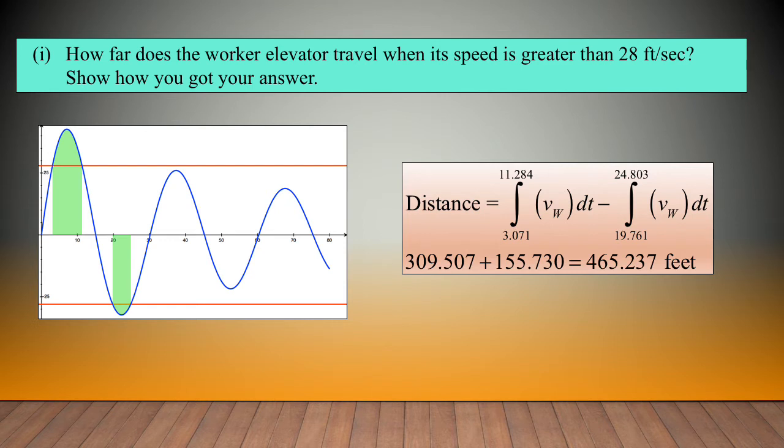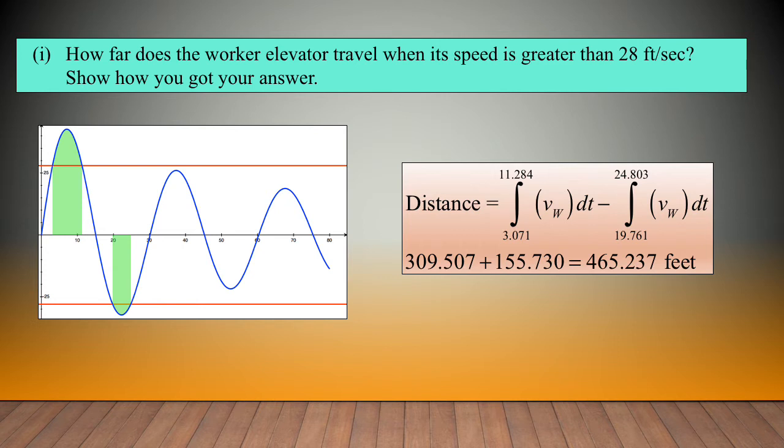Now we would like to determine how far the elevator travels when that speed is greater than 28 feet per second. And that is simply the areas under the curve shown in green.